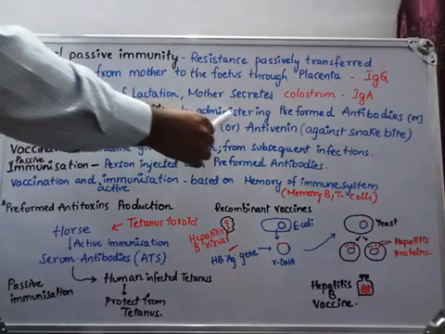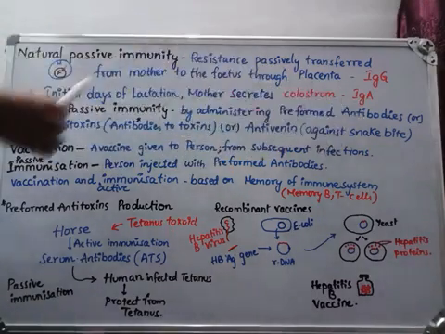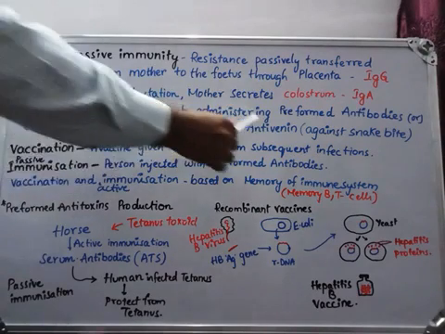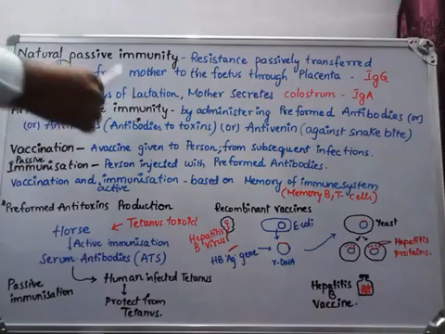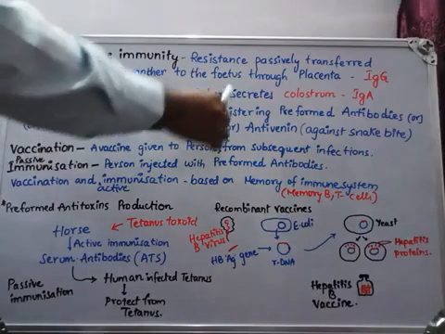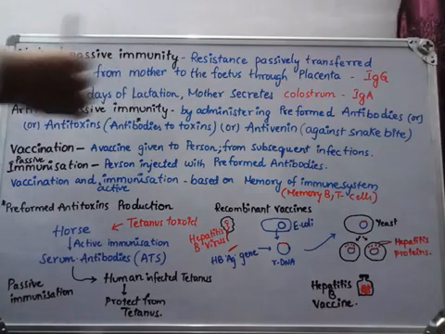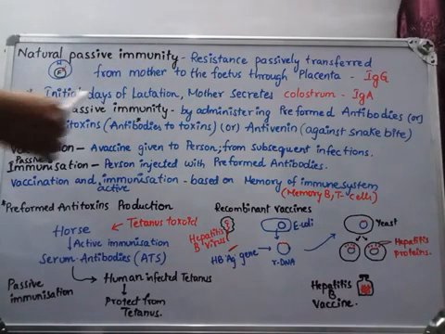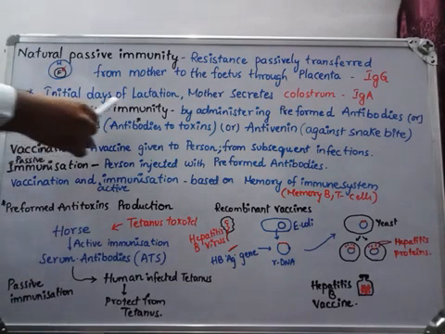Such persons are administered preformed antibodies, antitoxins, or anti-venom. In all these cases, the antibodies are transferred from a sensitized person to the normal person, so the person gets immunity. Such immunity we call artificial passive immunity.